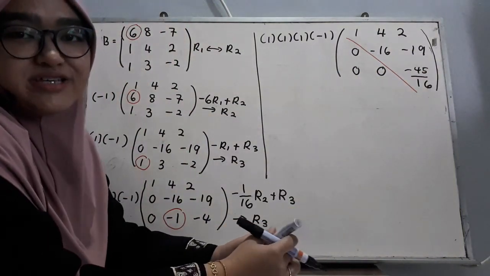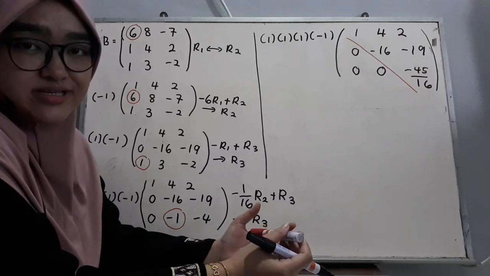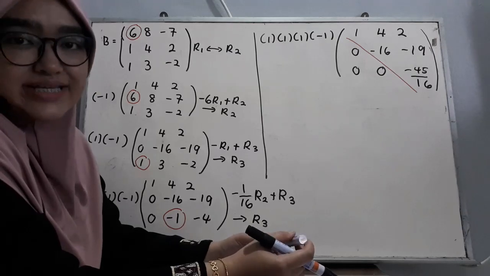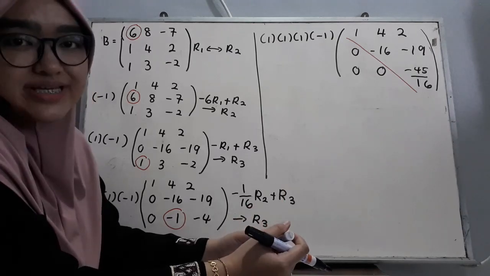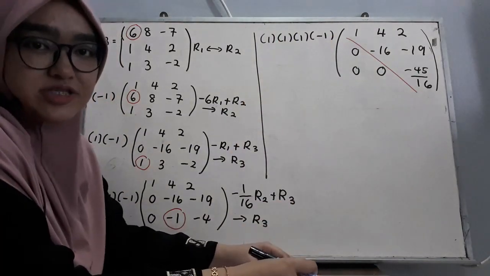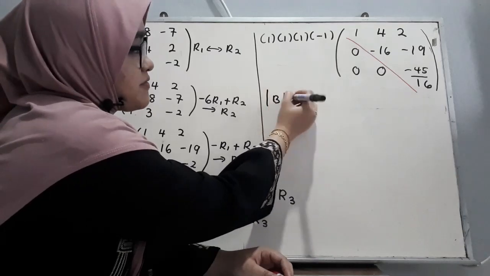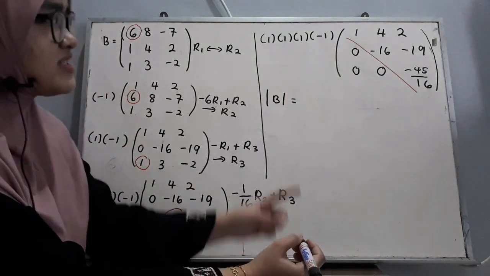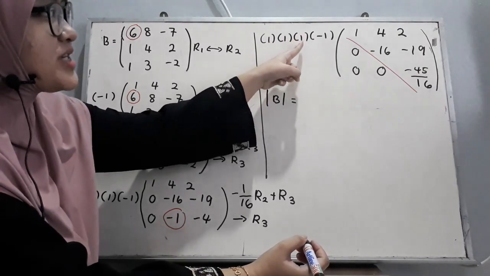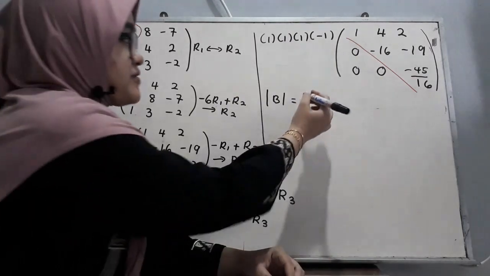Here we can see that we have an upper triangular matrix. So we can find the determinant by multiplying the entries from main diagonal with all the constants in front of the matrix. So determinant of matrix B equal 1 multiplied by 1 multiplied by 1 multiplied by -1, which equal to -1.